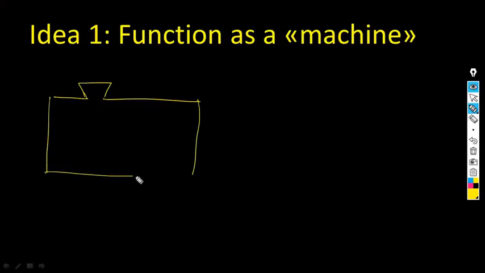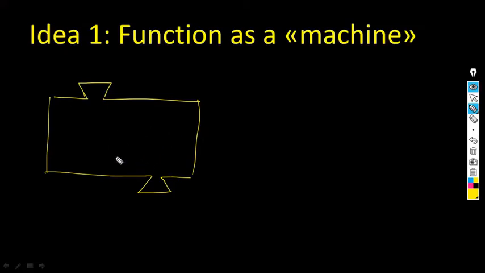So the idea number one, the idea of function as a machine. Let's understand what this means. I'm going to draw the following diagram, and I want you to understand that what this means is some sort of machine.